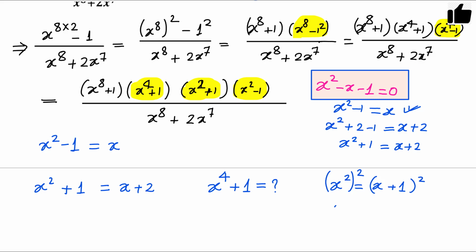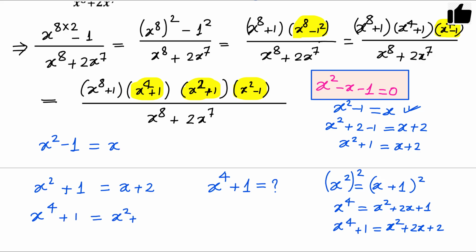So this side will have x4, and this side will have x square plus 2x plus 1. So this means x raised to the power 4 plus 1, this is equal to, adding 1 to both sides, x square plus 2x plus 2. So now I know the value of x4 plus 1. This is equal to x square plus 2x plus 2.